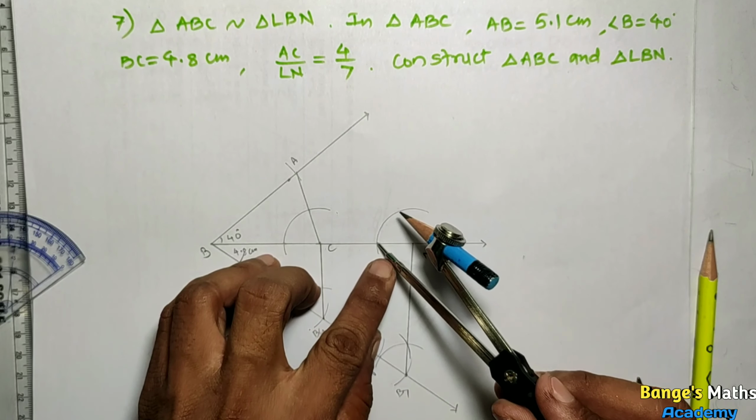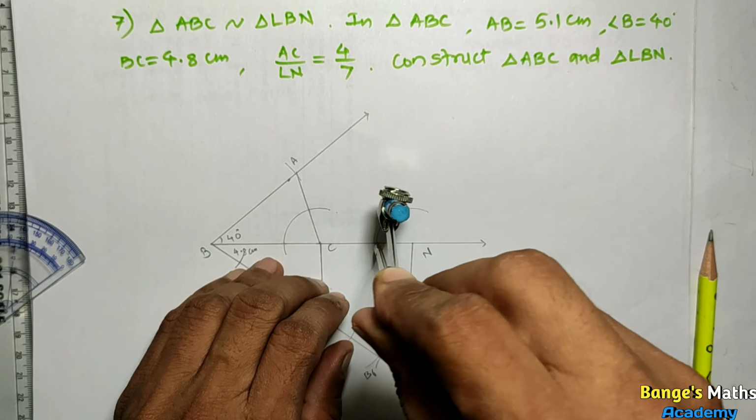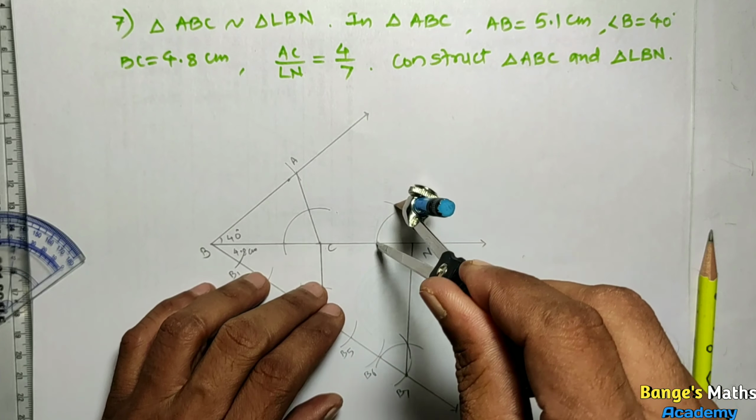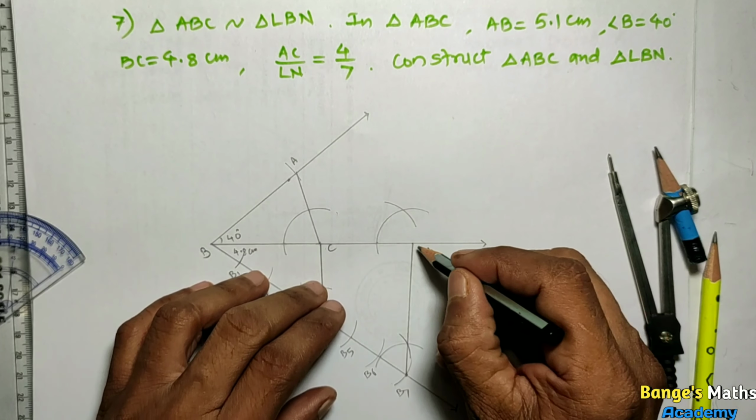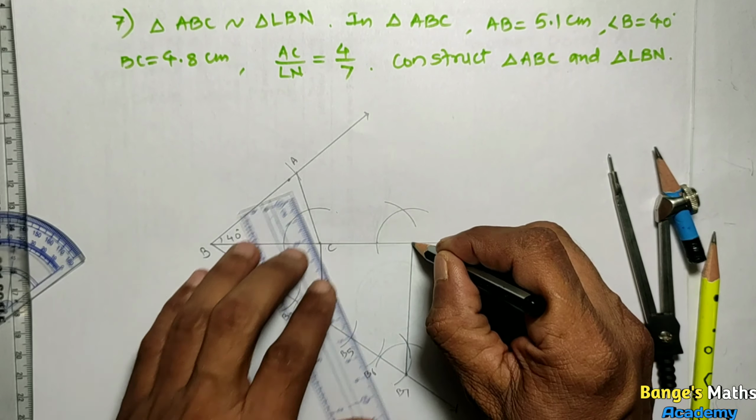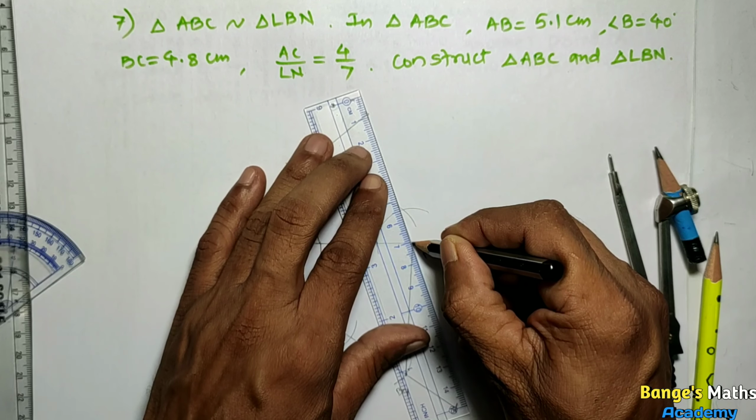Put compass on this point. Draw intersecting arc. Then join point N and this point with the help of ruler.